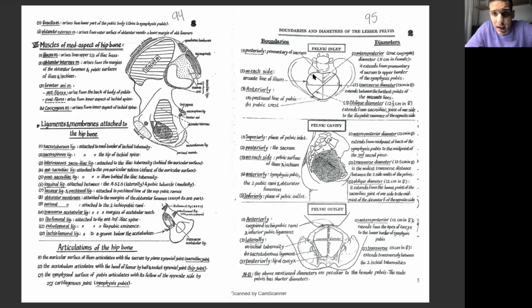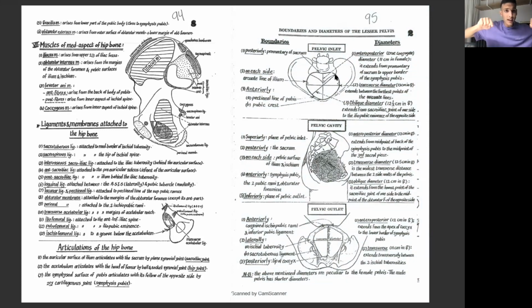Then I'm going to say that going laterally, I will be passing on the sacroiliac joints on this part, one and two. So now I have just stated everything on the posterior aspect of this pelvic inlet.